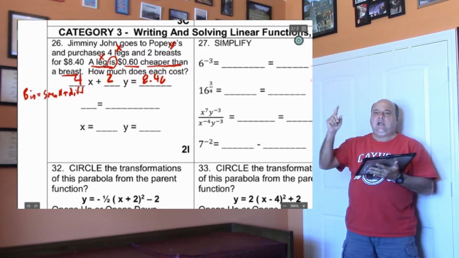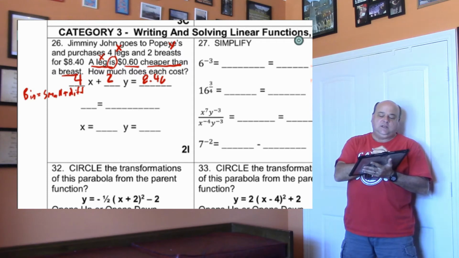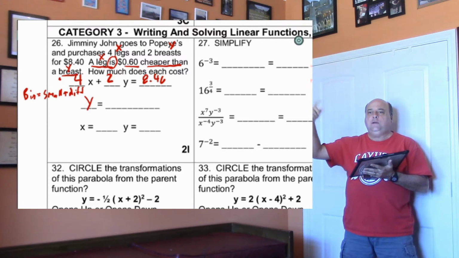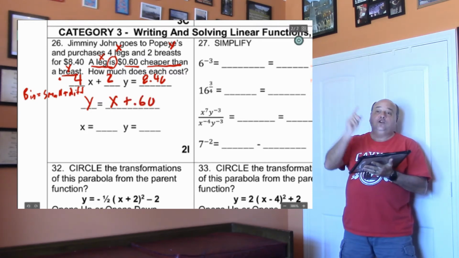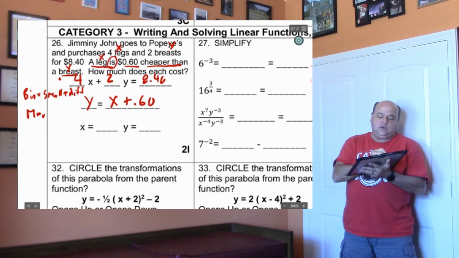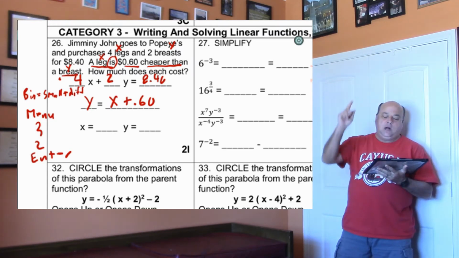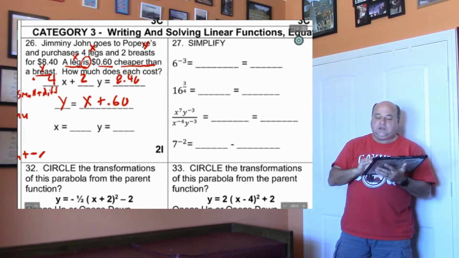The one that costs the most is the breast. So we're going to let y equal the small one plus the difference. The small one is the leg, and the difference is 60 cents. Now you're going to do this on the calculator, menu 3 to enter, and you'll find your x and y. But always remember, big equals small plus difference when you're setting these equations up.